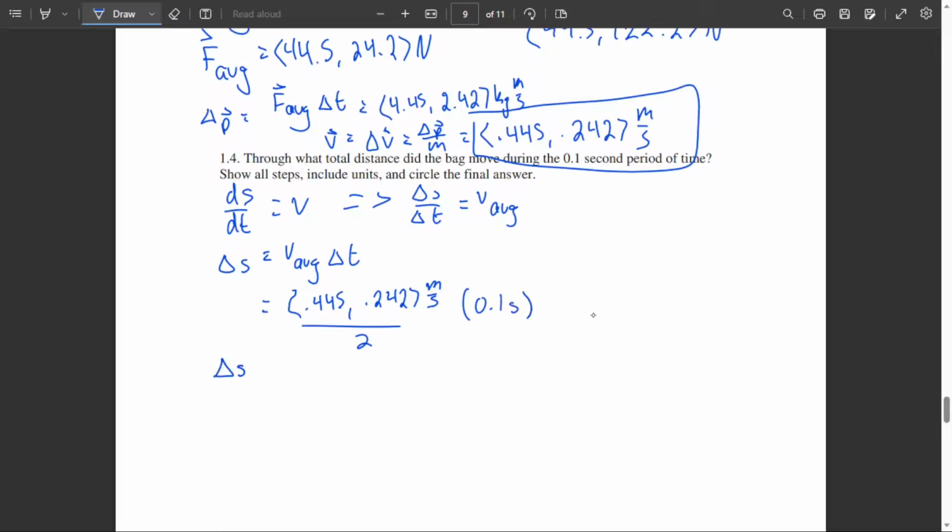So we get the change in position is, let's see, and then I think it wants it as a distance, not a vector. So we just have to calculate the magnitude of this vector.